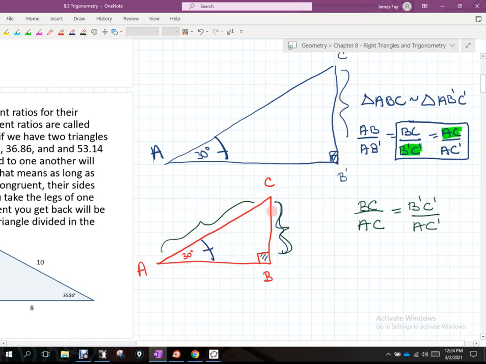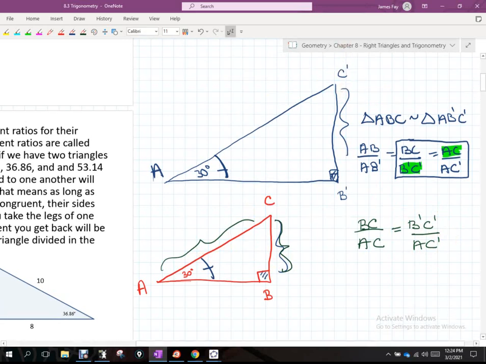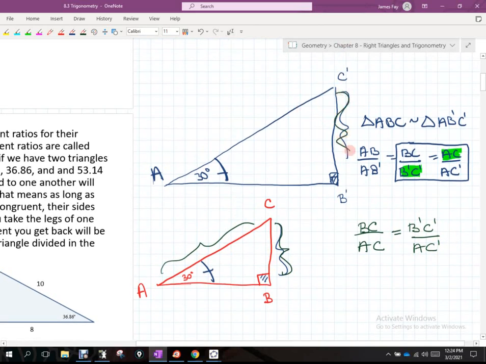But now I'm comparing this part to that part. And if I look at this right ratio, it's comparing B prime C prime to A C prime. Is that the same comparison of parts that we compared down here? Does that make sense? Would you agree that that's the opposite side to 30, and that this is the hypotenuse?